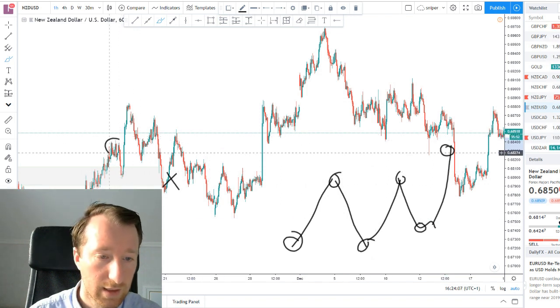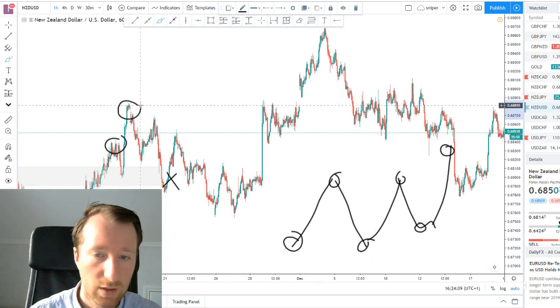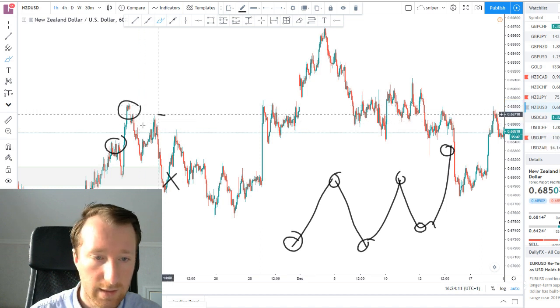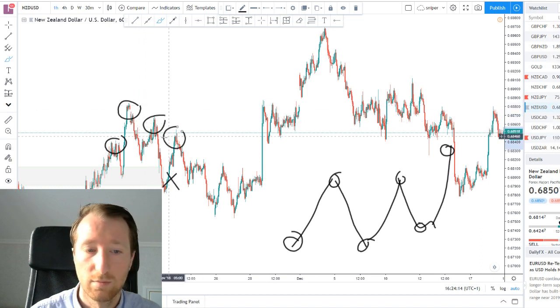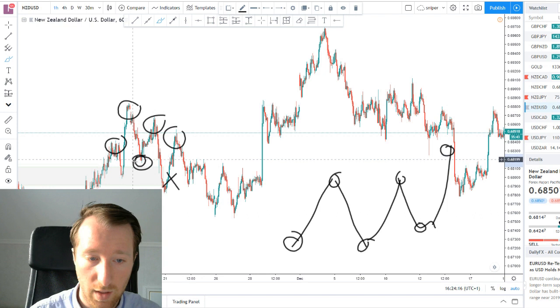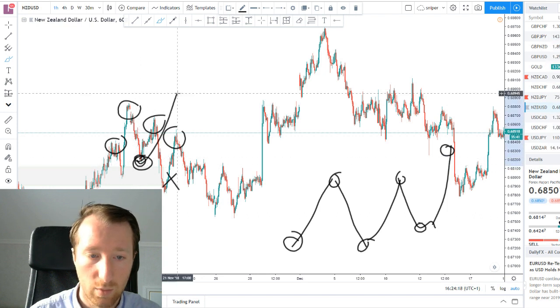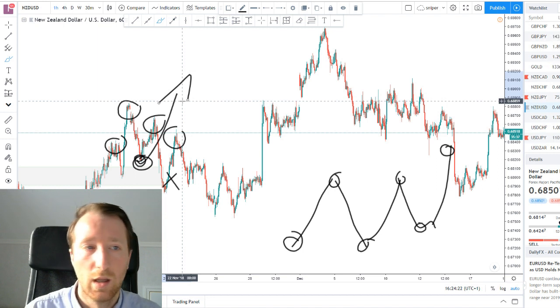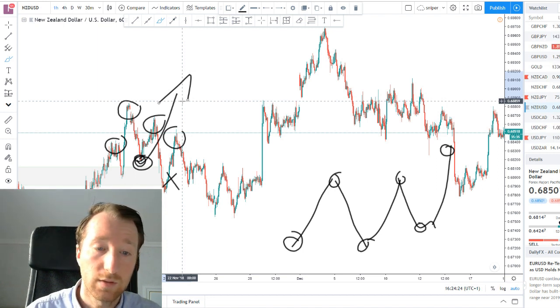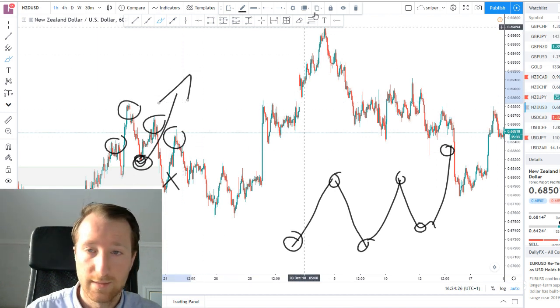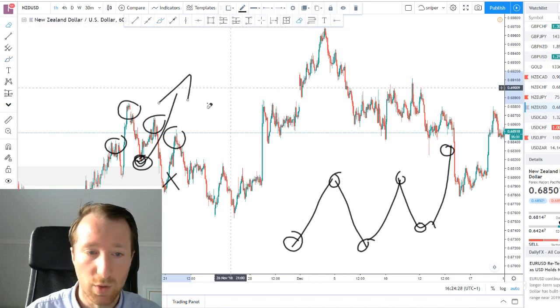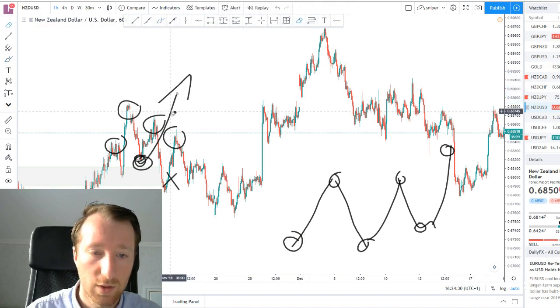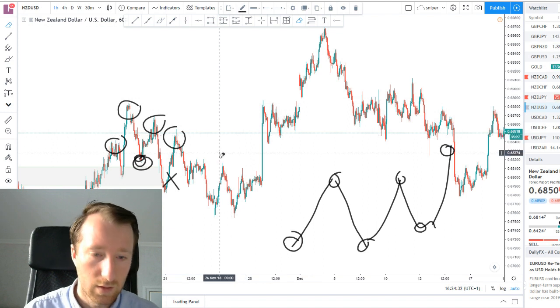Is this a top? Is this a top? Is this a top? Is this a top? Is this a bottom? Was that a bottom? Is it now going higher again? Looking for bottoms and looking for reversals is a very dangerous business because you don't know if you actually hit the bottom or not.